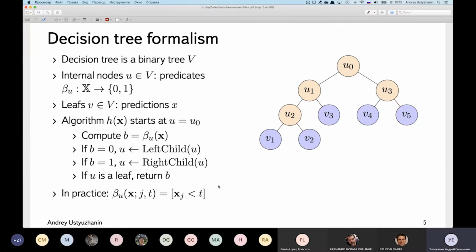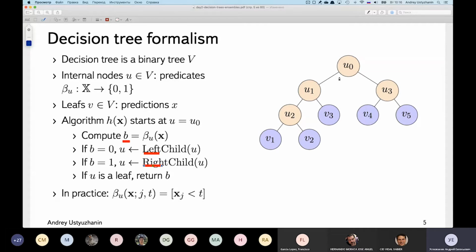And also there are leaf nodes in this tree, and the output or value that sits in those leaves is the prediction. And if we want to evaluate some object through the tree, we start with the root of the tree, which is called U0, and we compute the predicate output B that is either going to be 0, and in that case we go to the left, otherwise we go to the right.